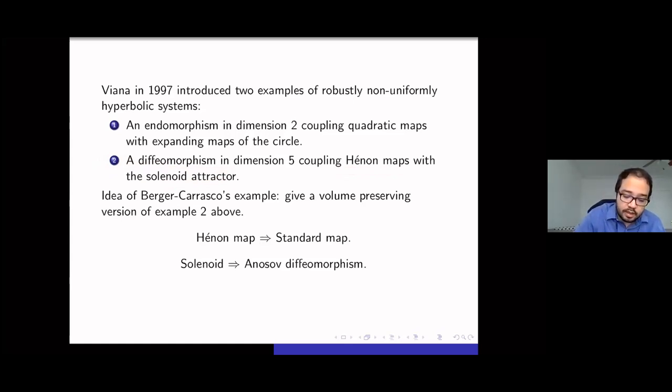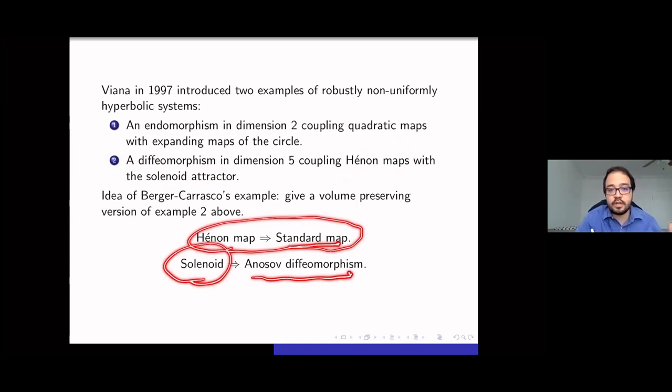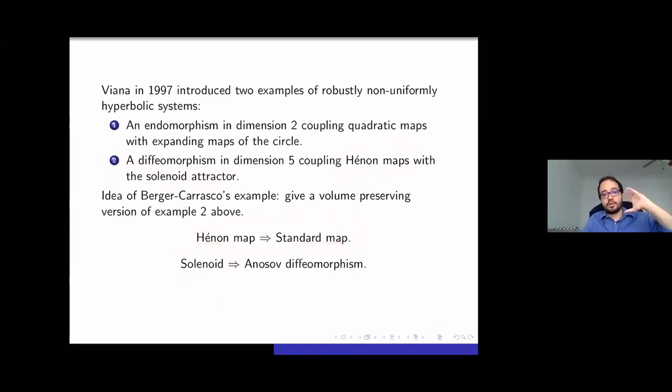The way you translate this is you change the maps by the standard map, which I'm going to define in the next slide, and you change the solenoid attractor to a volume preserving Anosov diffeomorphism. So the idea is to couple a standard map with an Anosov diffeomorphism in a way that at the end you get something non-uniformly hyperbolic. I'm going to make this construction now, but these are previous examples that have a similar flavor to this Bárány–Carrasco example.